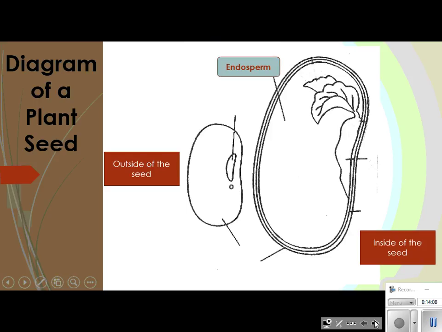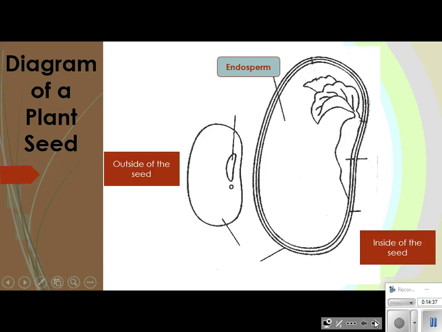Right there. The endosperm. What is the endosperm? Look at your reading. Tell me, what is that endosperm? Who can tell me? You see it there, Jonathan?